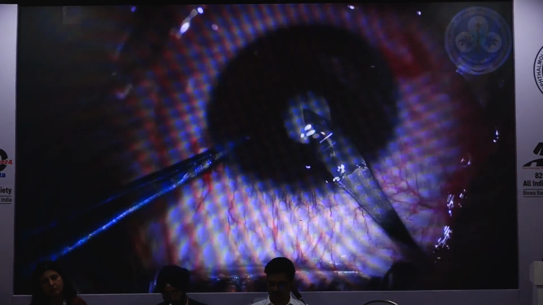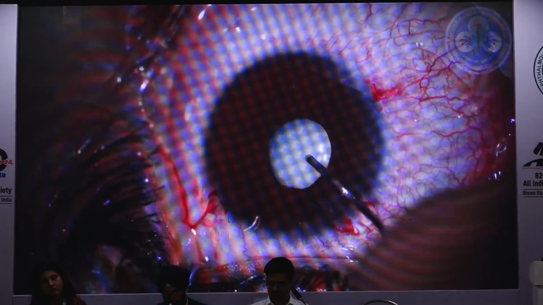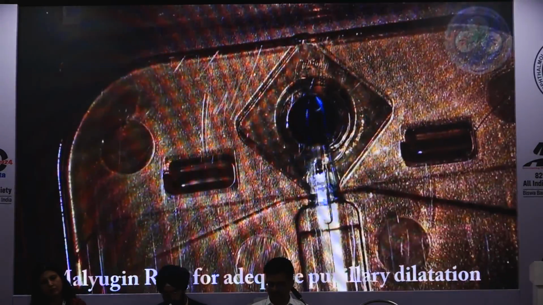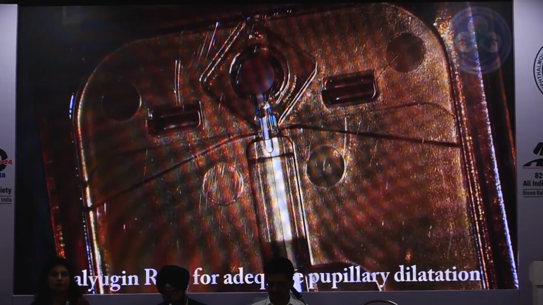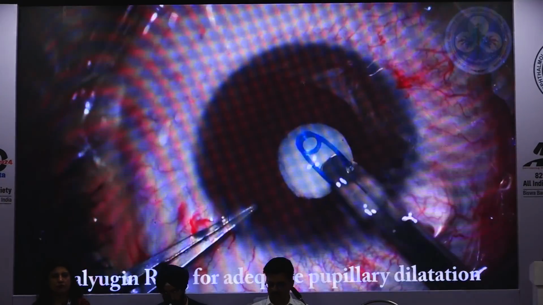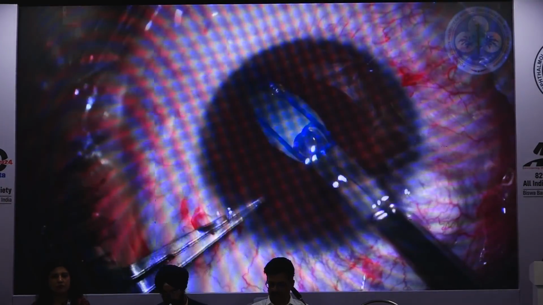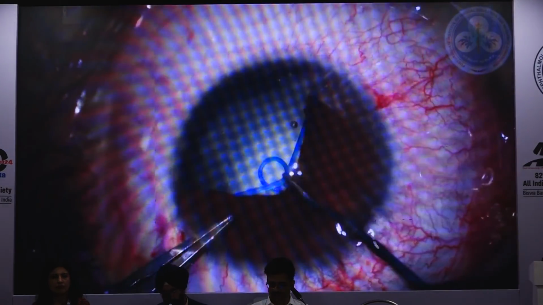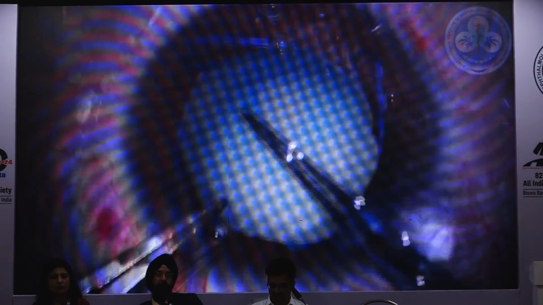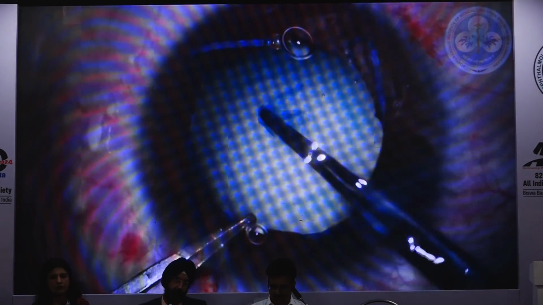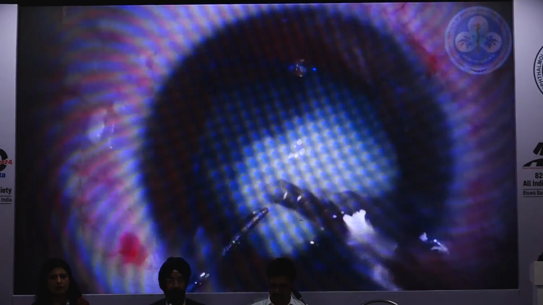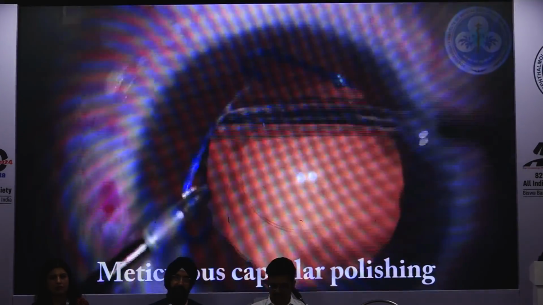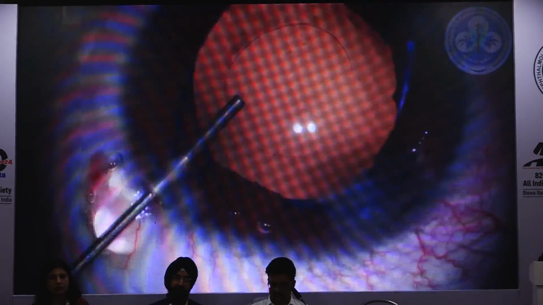Synechotomy was done, and the Malaysian ring is injected to achieve good dilatation of the pupil. And now we achieved excellent dilatation, excellent size pupil, and then of course removal of the cortex and doing cataract surgery not difficult.